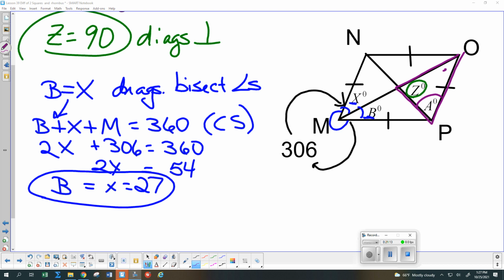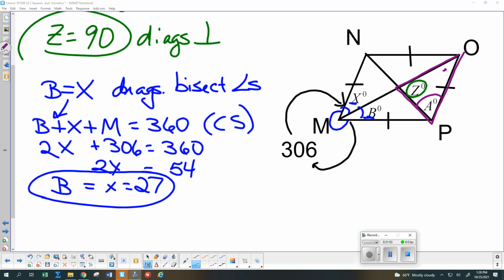Does anybody see another approach that we might want to use on that? Jack, what are you thinking? Equals how much? And A plus 54?